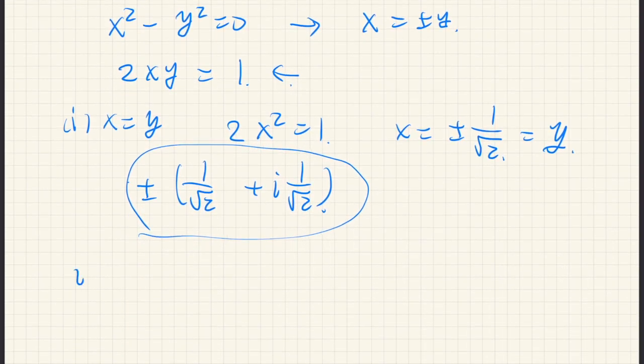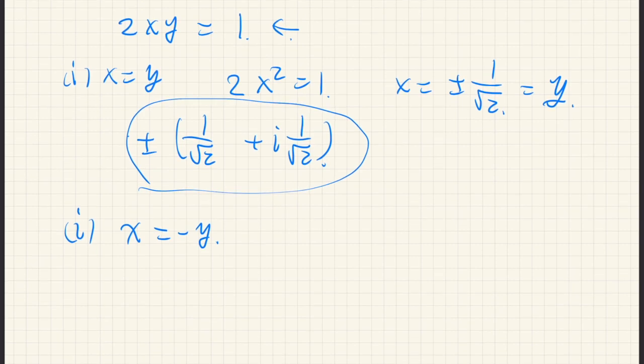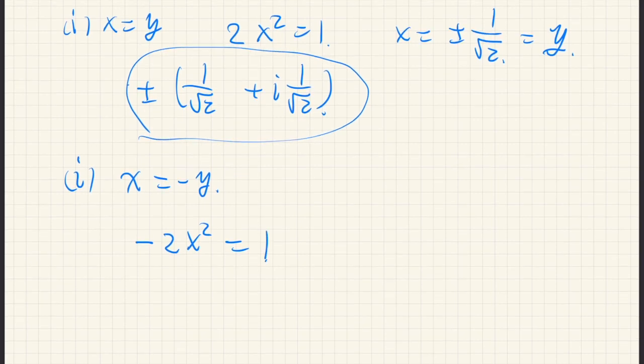Okay, so what if x is equal to negative y? Then what happens? In that case, from this second equation, we have negative 2x squared is equal to 1. But this is impossible, because x is real, so x squared cannot be negative.